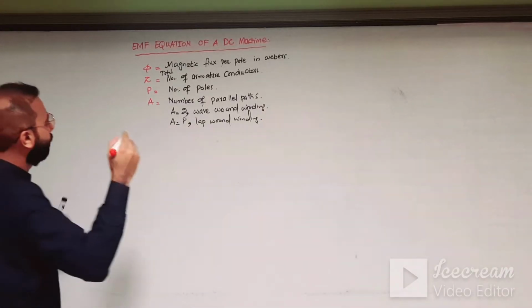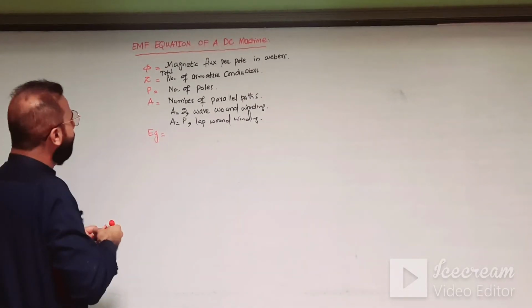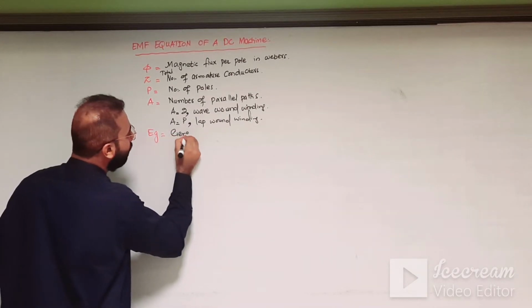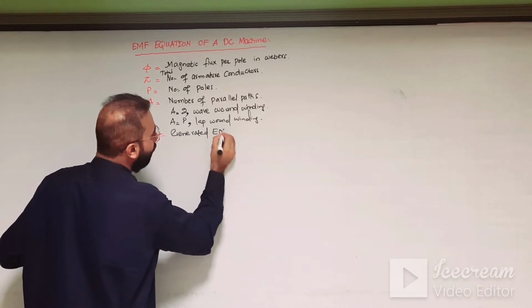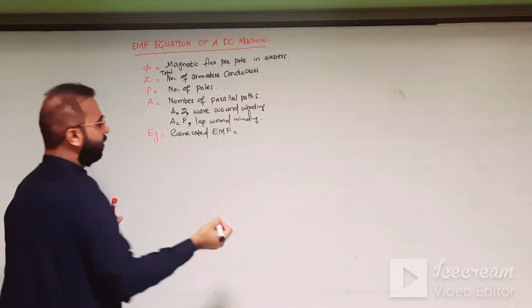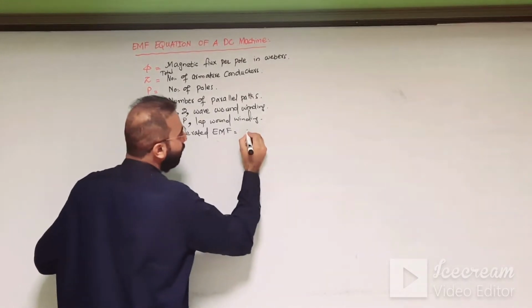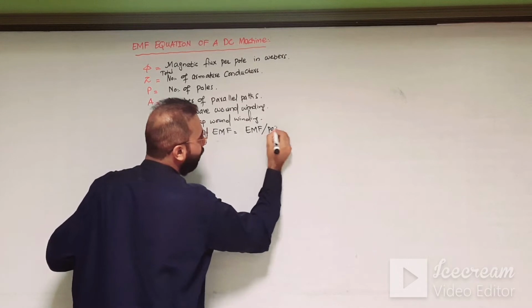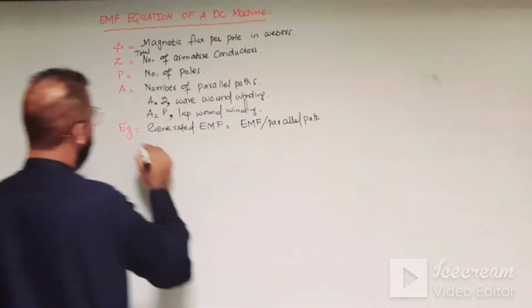And then Eg here is the generated EMF, or EMF in the generator, or EMF per parallel path.